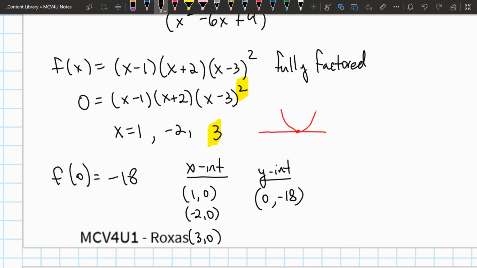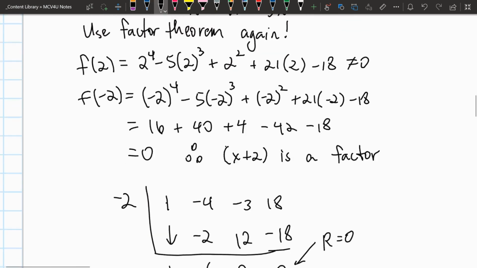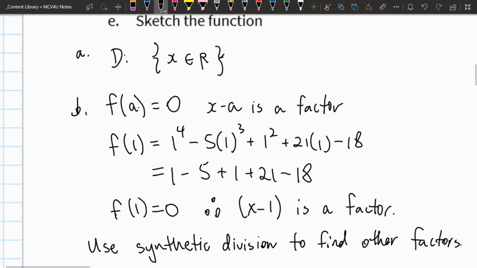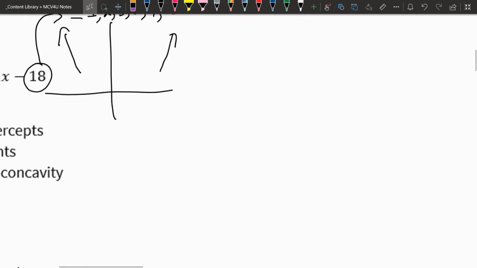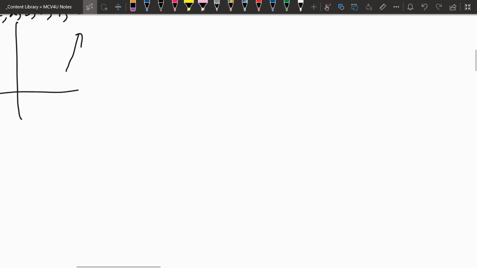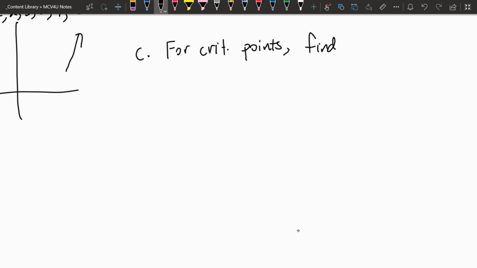Part C is now where we introduce our calculus concepts here. So we're going to look at critical points. Part C, determine any critical points. So we will need our first derivative. So part C, reminding ourselves again, for the critical points, find f prime of x.